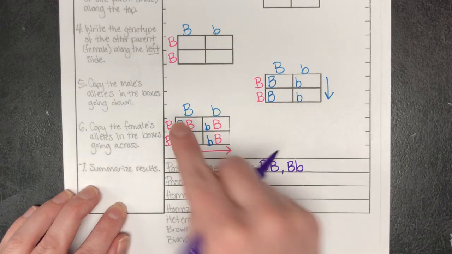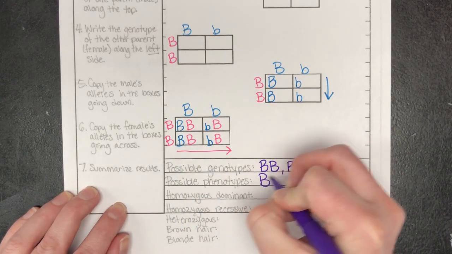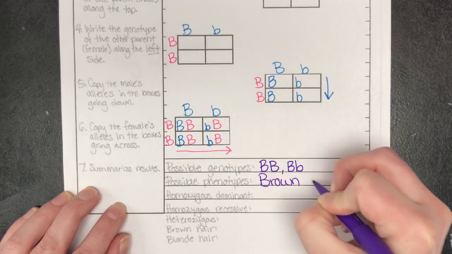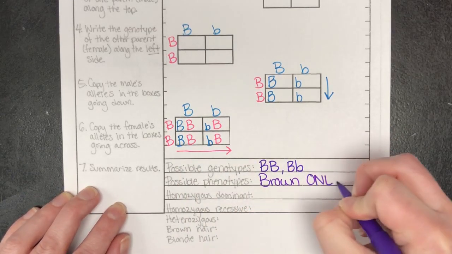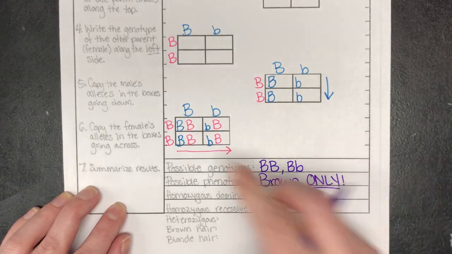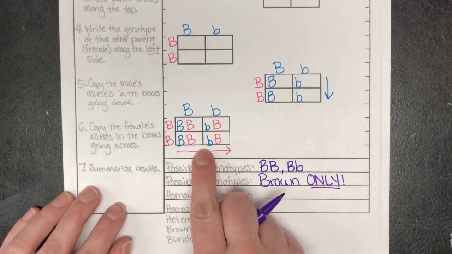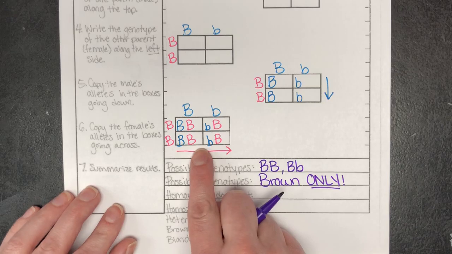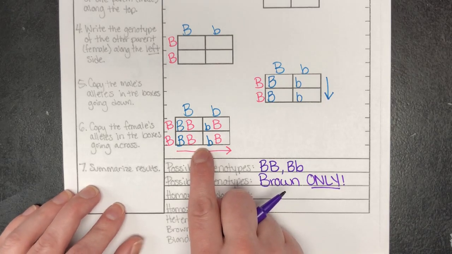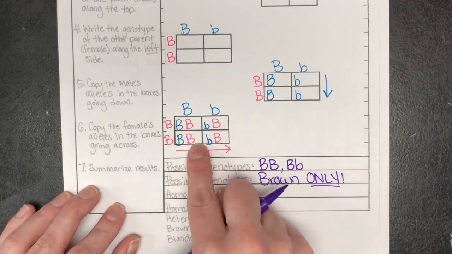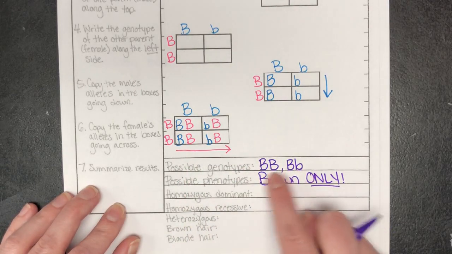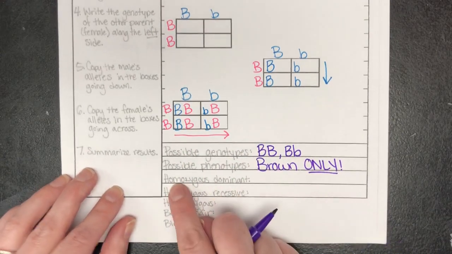All four of these are going to be brown hair. That is because, again, little b is the only one that will show that recessive phenotype, and we don't have that here. So both of these will give us brown hair.